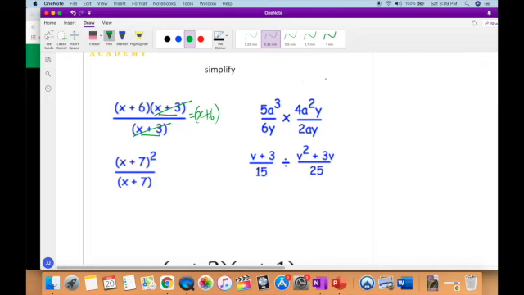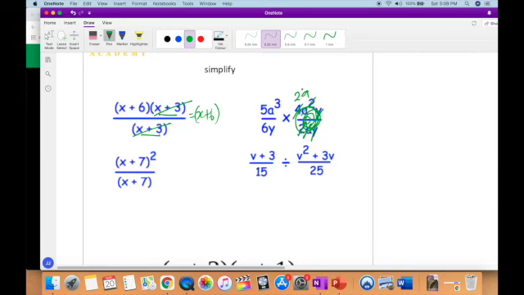For this one here, this y could cancel with this y. This 2 could cancel with the 4, and I will get 2 up here. This a could cancel with the a, so I'll just get a. So this whole thing just boils down to 2a. Right? And then over here, nothing could really cancel off.